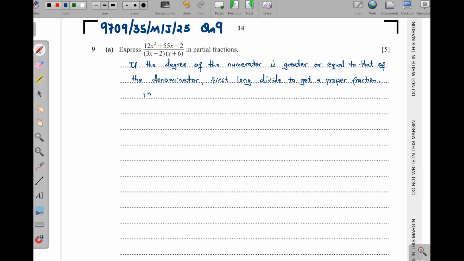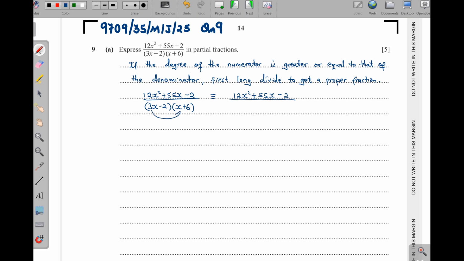Now this 12x squared plus 55x minus 2, out of 3x minus 2, and then here we have x plus 6. This one is the same as 12x squared plus 55x, and then minus 2. And then here we are going to divide it.